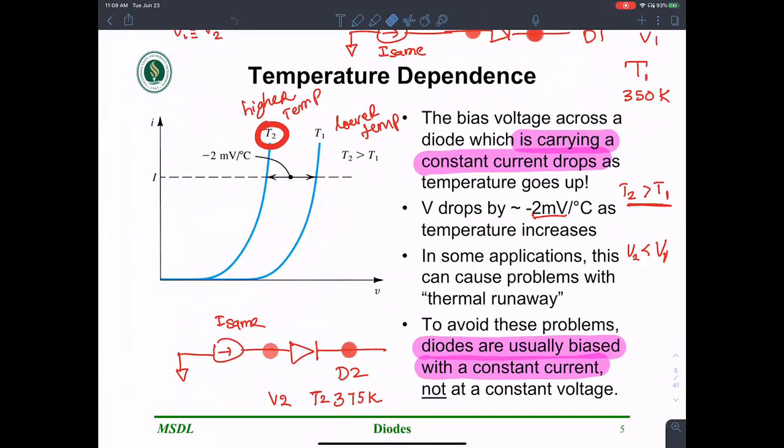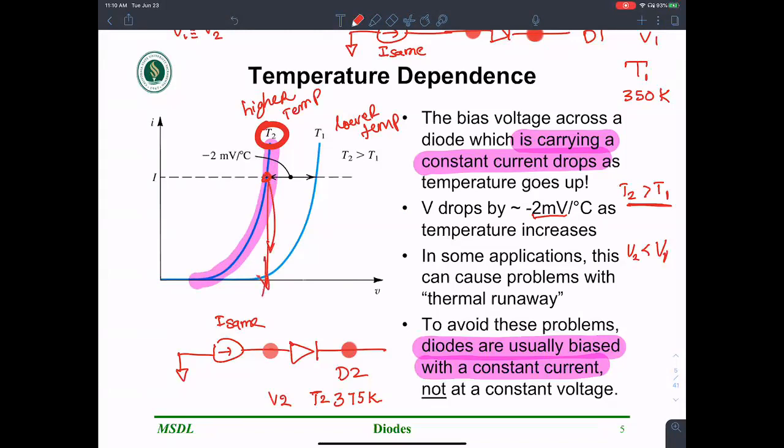The diode has a temperature dependence. The bias voltage across a diode, which is carrying a constant current, drops as the temperature goes up. In other words, at a higher temperature I need a really small voltage.